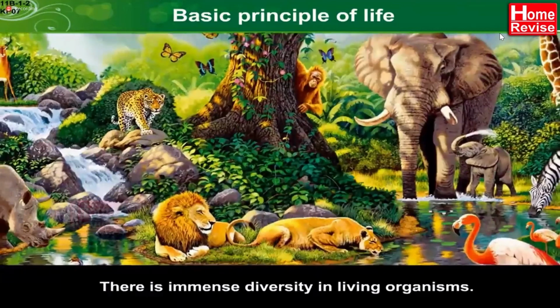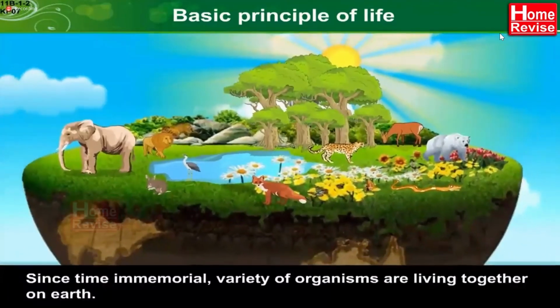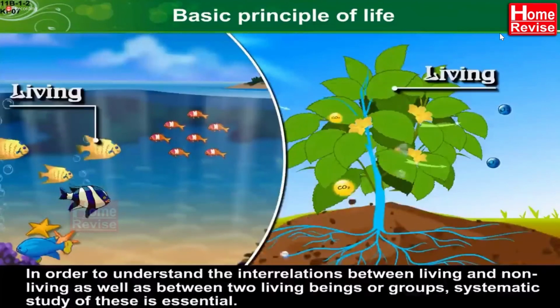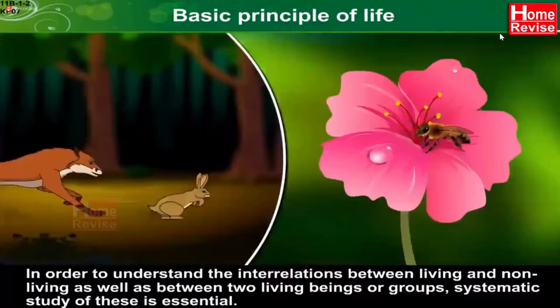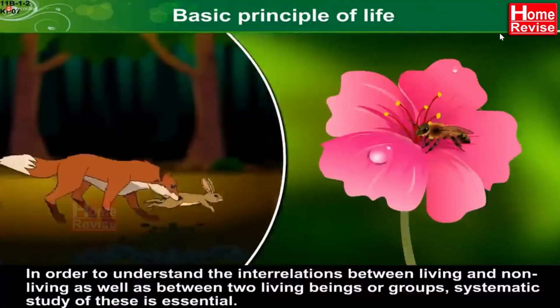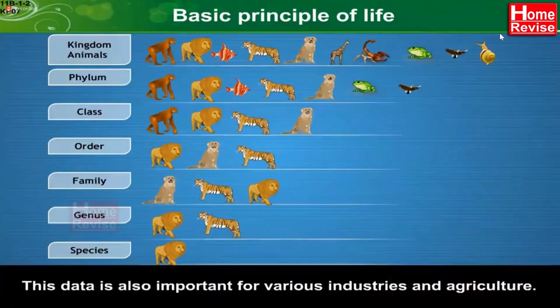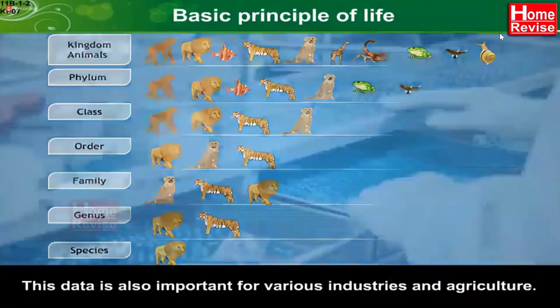There is immense diversity in living organisms. Since time immemorial, variety of organisms are living together on Earth. In order to understand the interrelations between living and non-living, as well as between two living beings or groups, systematic study of these is essential.